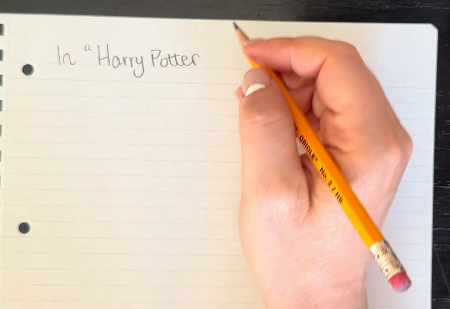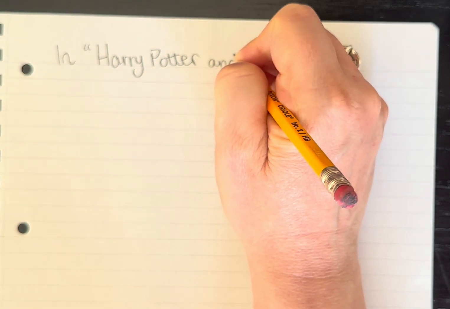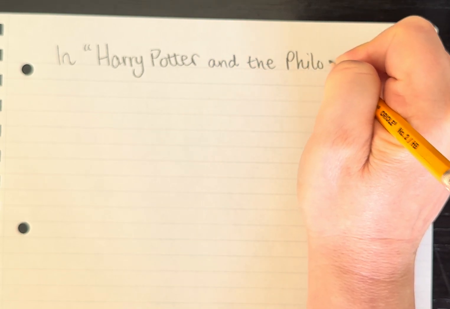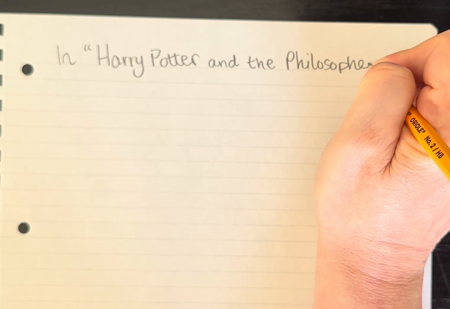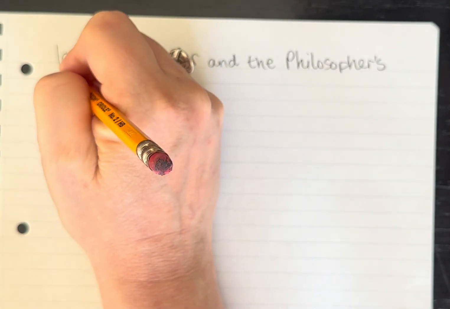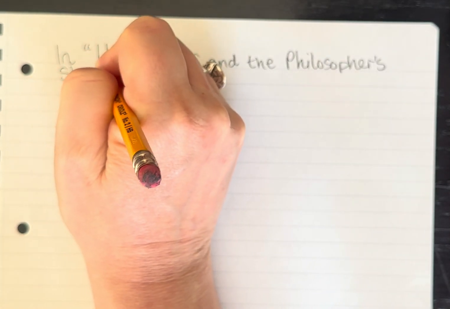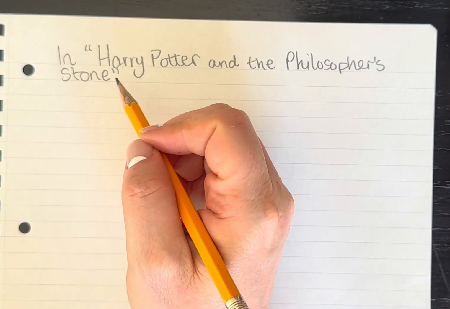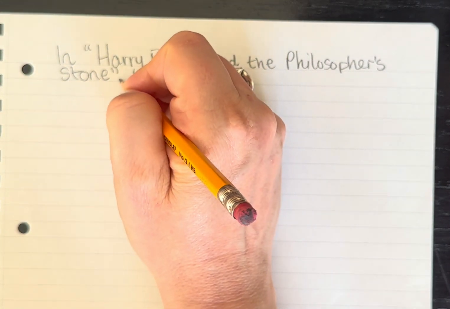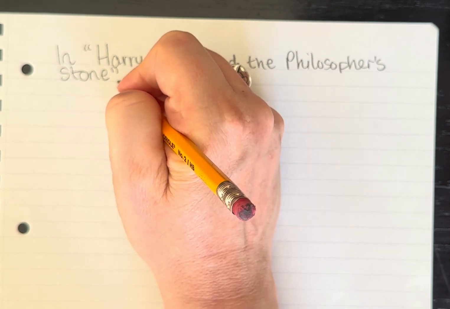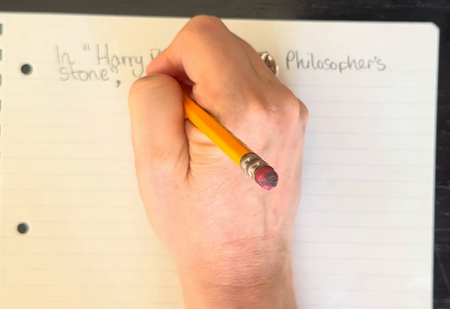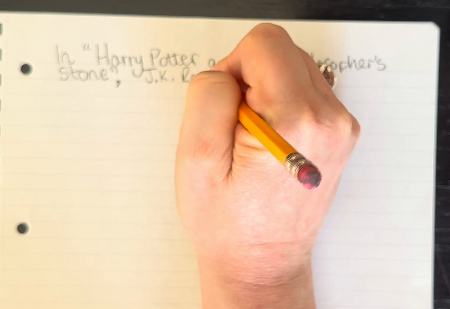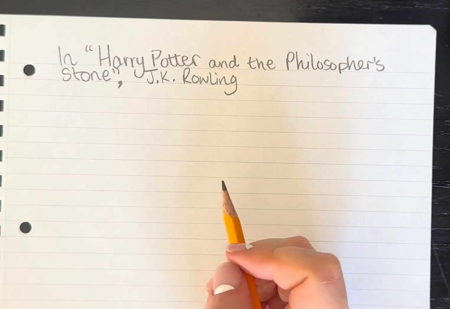So in "Harry Potter and the Philosopher's Stone," and then we're going to put the last quotation marks because that's the end of the title, and then we're going to put a comma right after the title. J.K. Rowling, and that's the author of Harry Potter and the Philosopher's Stone.